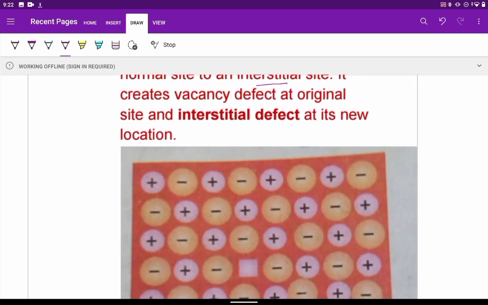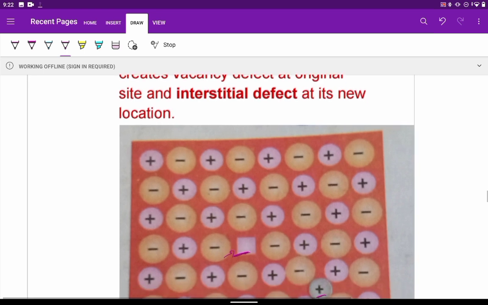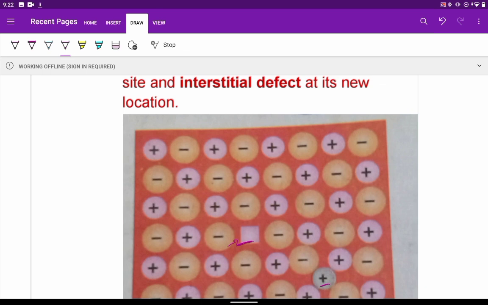You see here, there is a vacancy here. There is no ion, so there is a vacancy defect at the original site, and it has come here. This is interstitial defect at its new location.